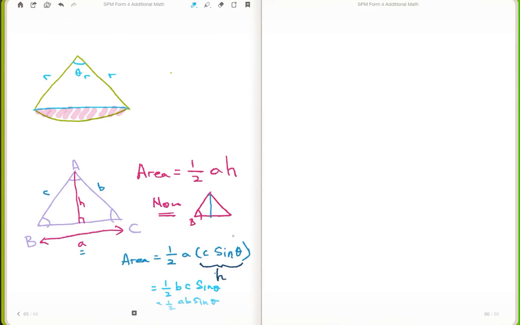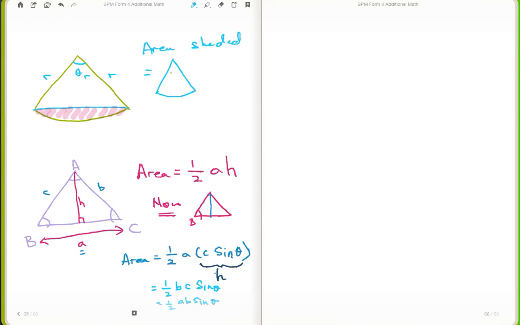By using the same concept, in order to get the area of this segment, the area of the shaded region will therefore be, concept wise, I make use of the bigger sector.